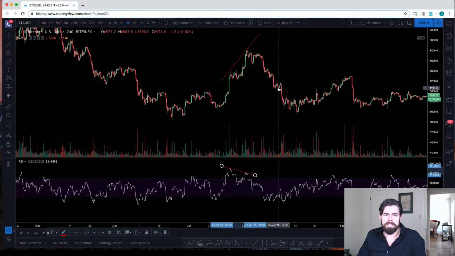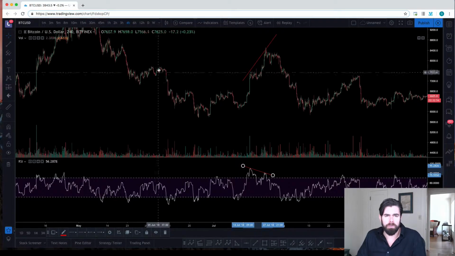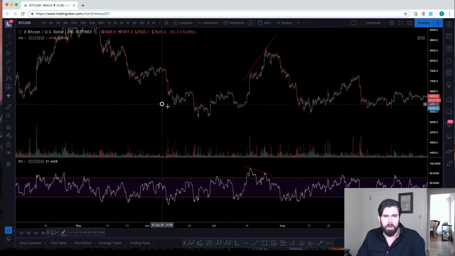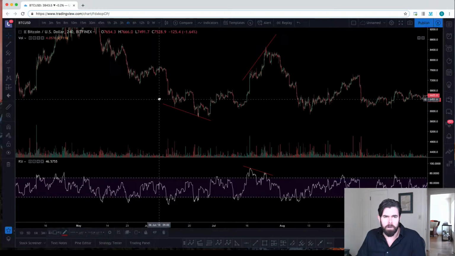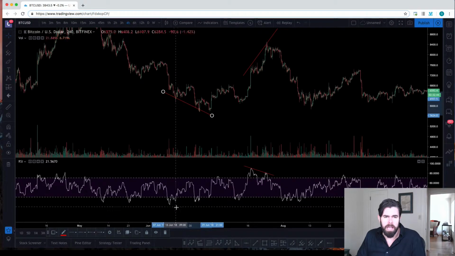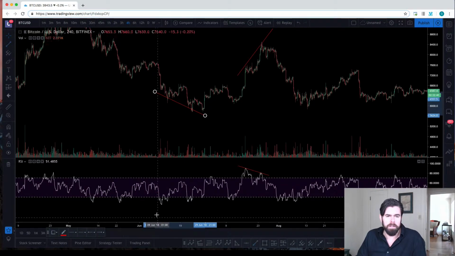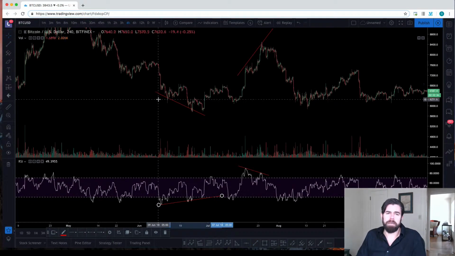Now, what is a bullish divergence? That's the direct opposite. So for example, we have the price coming down, okay? And we have a low and then a lower low here. So the price just keeps on getting lower. But as you can see here, with the RSI, we have a low and a higher low. Okay, so now this is a bullish divergence.